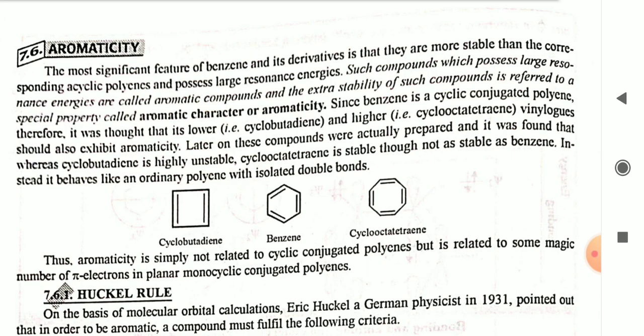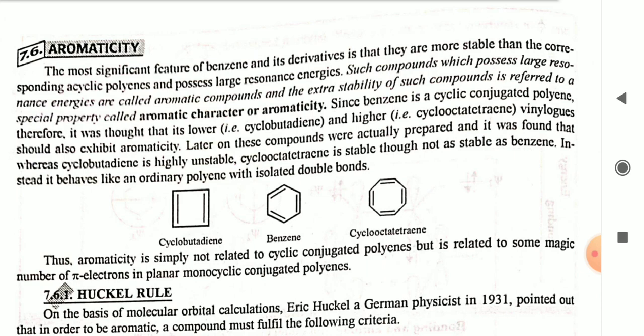Since benzene is a cyclic conjugated polyene, it was thought that its lower analogue cyclobutadiene and higher analogue cyclooctatetraene should also exhibit aromaticity.